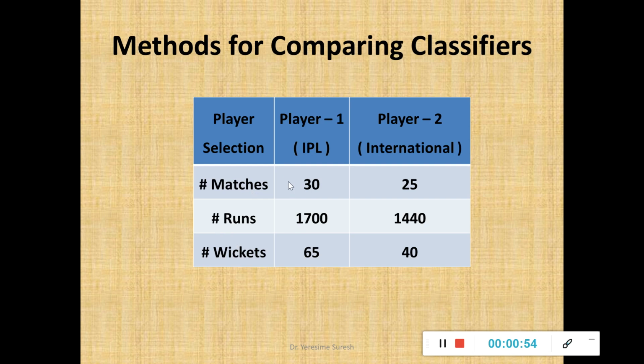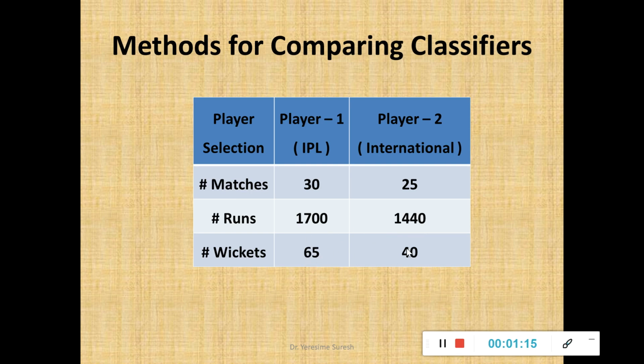So if you see the statistics, I have given some numerical values wherein player 1 has played 30 matches, player 2 similarly has played 25, but the number of runs scored by player 1 is 1700, whereas by player 2 it is 1440, and even the number of wickets taken is greater for player 1 when compared to player 2.